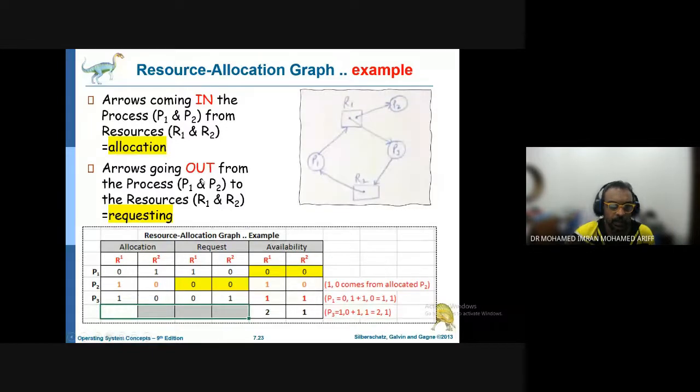From this diagram we have to draw the resource allocation table here.